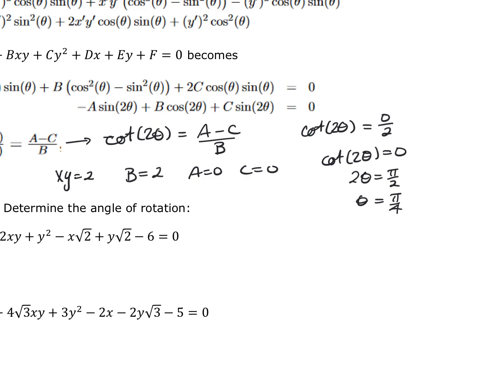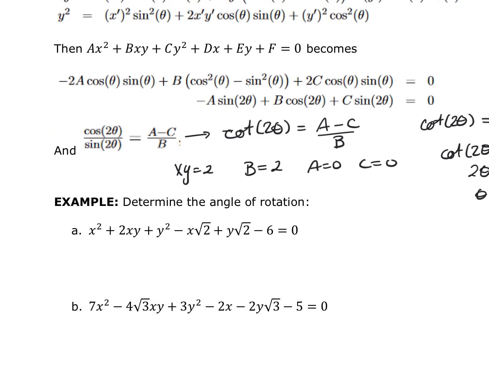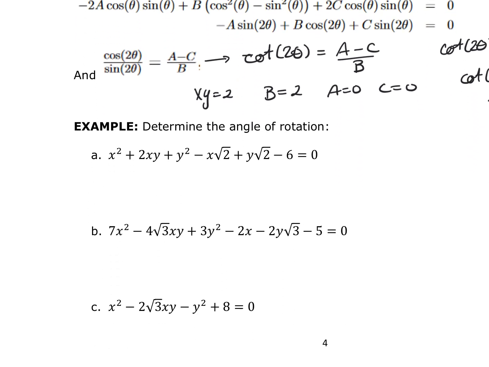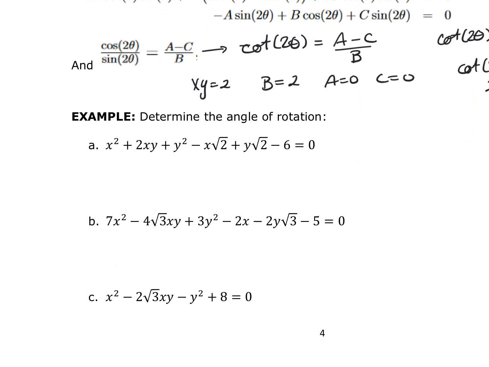The same stuff is still holding true. It just means that we also have to take into consideration the coefficient on the x squared, the coefficient on the xy term, and the coefficient on the y squared. If I'm asked to determine the angle of rotation, all I'm going to pay attention to is the coefficient on my x squared, which is a, and that's 1, my coefficient on the xy term, that's 2, and my coefficient on the y squared, that's 1.